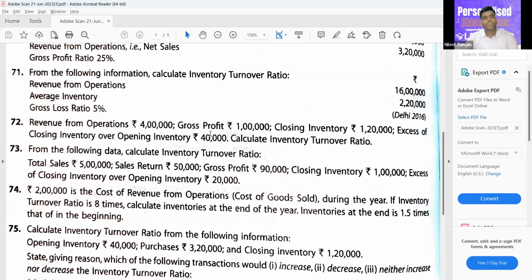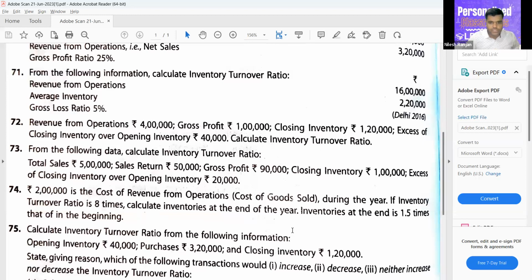We have revenue from operation, we have gross profit, so we can calculate cost of goods sold. And closing inventory is 1,20,000. Excess of closing inventory over opening inventory is 40,000. Means our closing inventory is 1,20,000 and it is 40,000 more than the opening inventory. So we will deduct 40,000 from closing inventory and we will get our opening inventory. So it is 80,000. Okay, so this is also a similar portion.